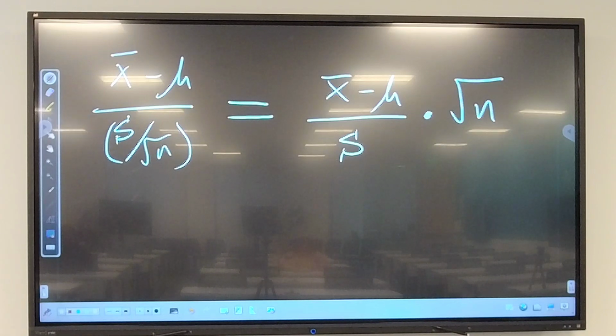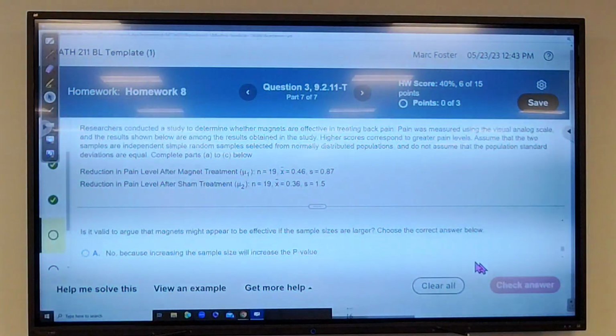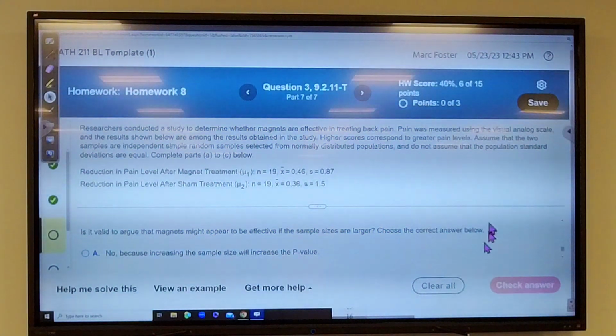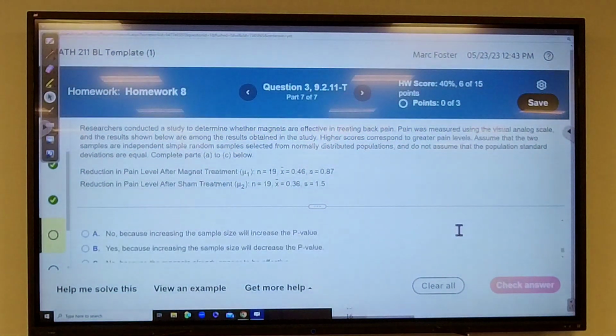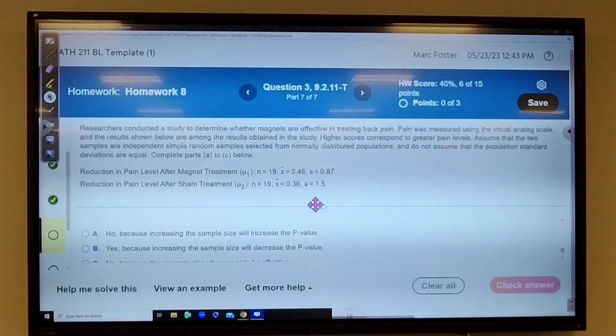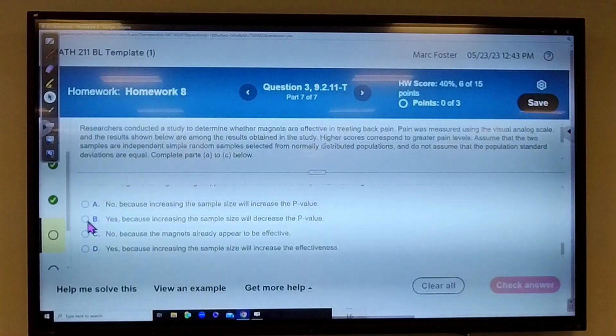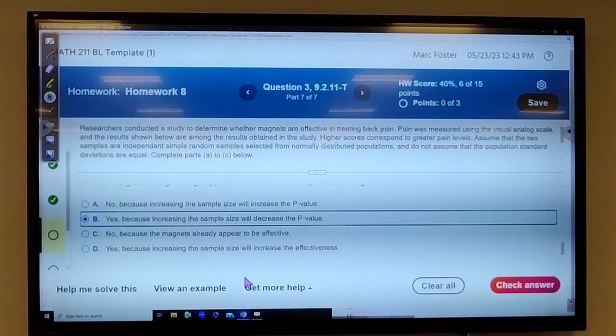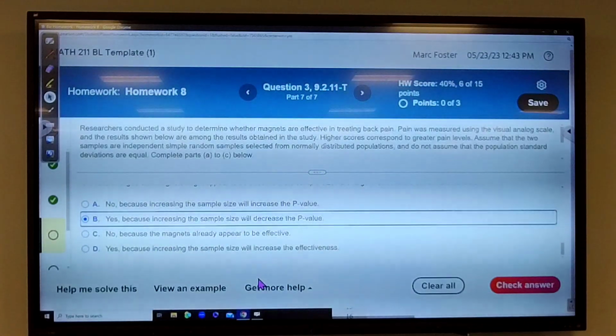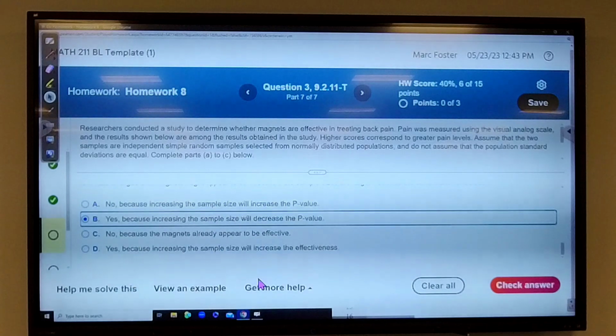In the problem with the magnets, we did not reject. However, if the sample size kept increasing, then it will decrease the p-value if everything else stayed the same.